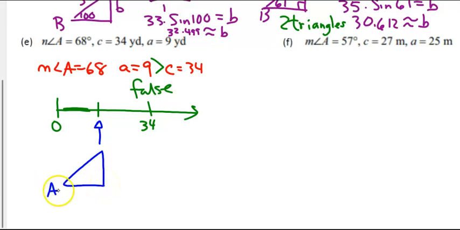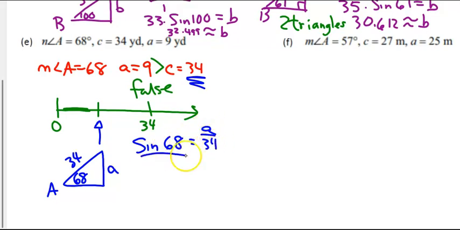So the measurement of angle A is 68. We're looking for A, and the hypotenuse, again, is that second number, the side that's not opposite the angle. So sine of 68 degrees is equal to A over 34. Cross multiply.